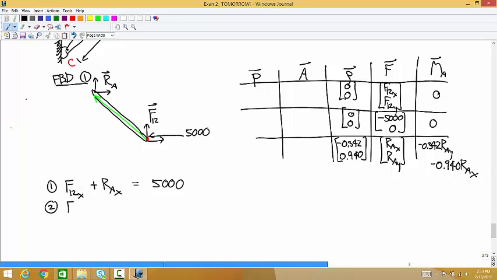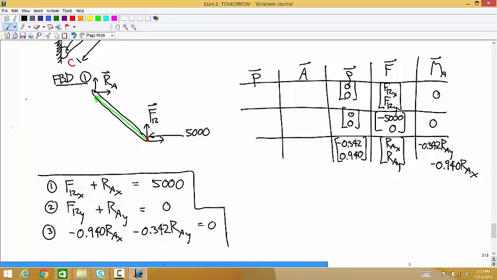The second equation says F12y plus RAY is equal to 0. And the third equation says negative 0.940 RAX minus 0.342 RAY is equal to 0. So there's the first three equations. Any questions about that one?